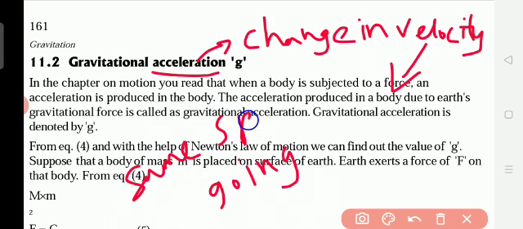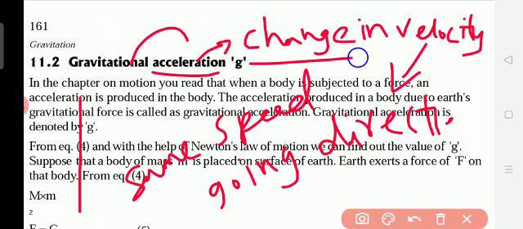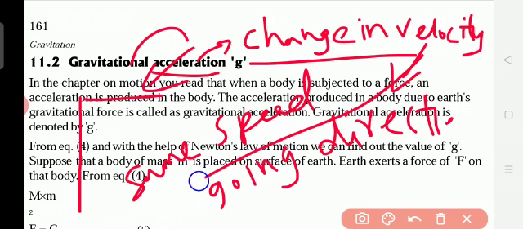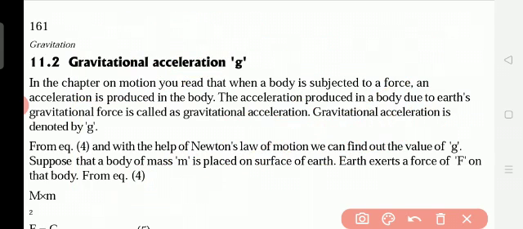Acceleration means change in velocity, that means a change in the direction. Velocity means going in the same direction with the same speed, but acceleration means change in velocity, that means change in the direction.